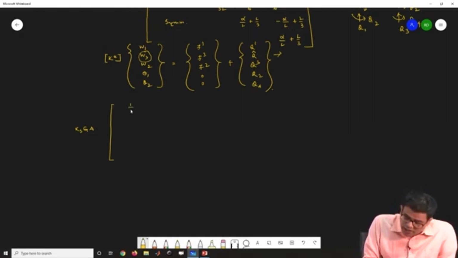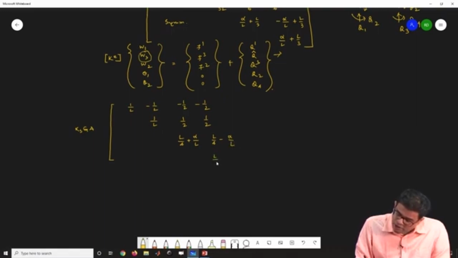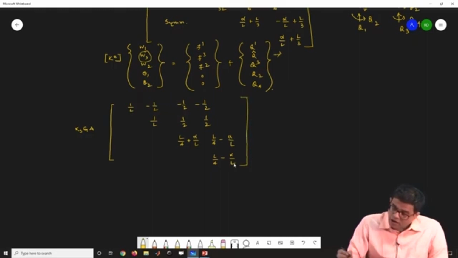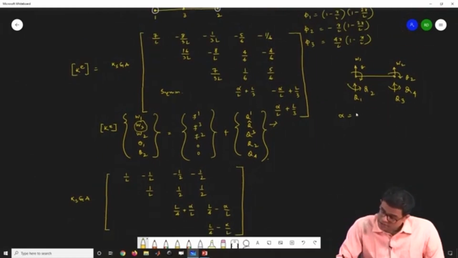So, that is 1 by L, minus 1 by L, 1 by L, and this will look like minus half, plus half, plus half, and this is L by 4 plus alpha by L, then L by 4 minus alpha by L, and then L by 4 minus alpha by L. Here again, alpha is the same alpha.